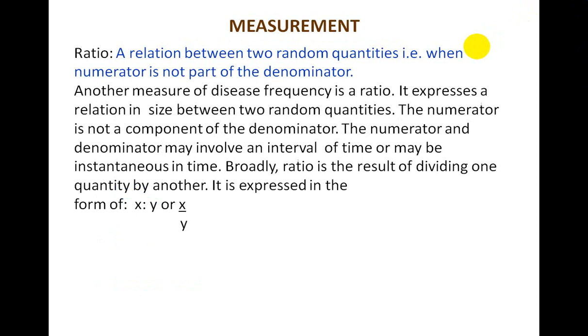Ratio: a relation between two random quantities, that is, when the numerator is not a part of the denominator. Another measure of disease frequency is a ratio. It expresses the relation in size between two random quantities. The numerator is not a component of the denominator, and the numerator and the denominator may involve an interval of time or may be instantaneous in time.